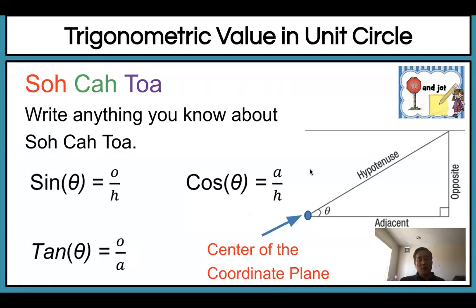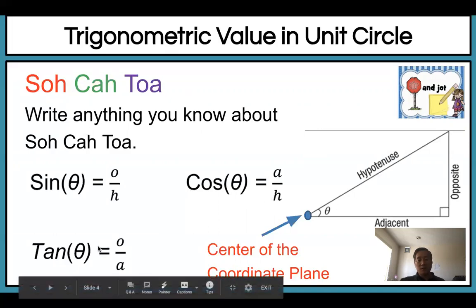So we should know that trigonometry is the ratio of two sides, right? Sine is the ratio of opposite and hypotenuse. Cosine is adjacent and hypotenuse. It's a fraction, the ratio. How about tangent? Tangent is the ratio of opposite and adjacent. So TOA.